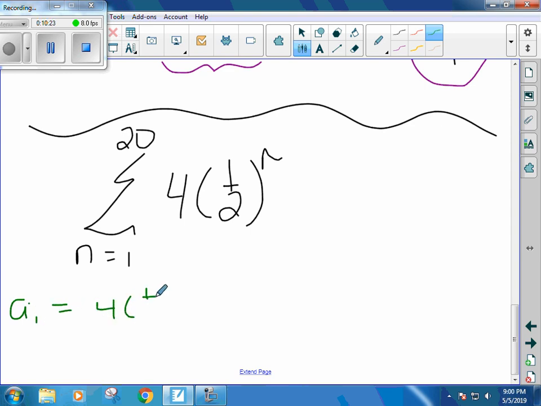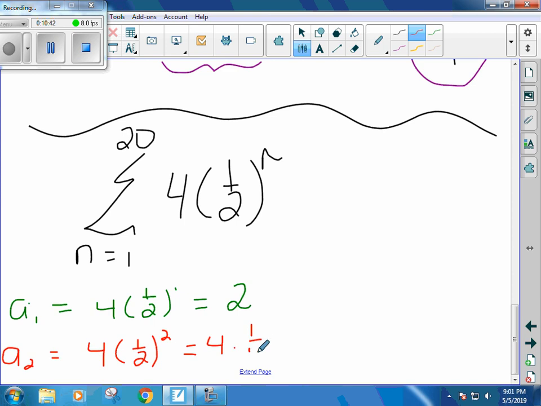So 4 times a half. 4 times a half is 2. Then I did the second term. 4 times a half squared. And again, I'm just doing this so you can see why the sum is such a small number, which is 1. And let me do one more.